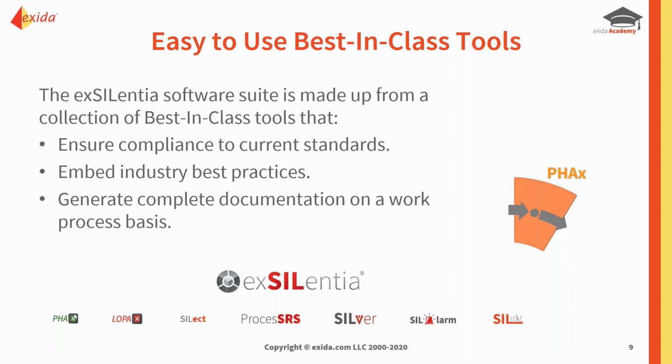And once it's in FACS, then it's available to all the other Excelencia modules. From the PHA tool, we can export LOPA candidates into the LOPA tool. Once we've done LOPA, we can do the selection for the SIL and then create the initial process SRS from which we can then do the conceptual design, the SIL verification, and the detailed SRS can be printed out from the Silver tool.